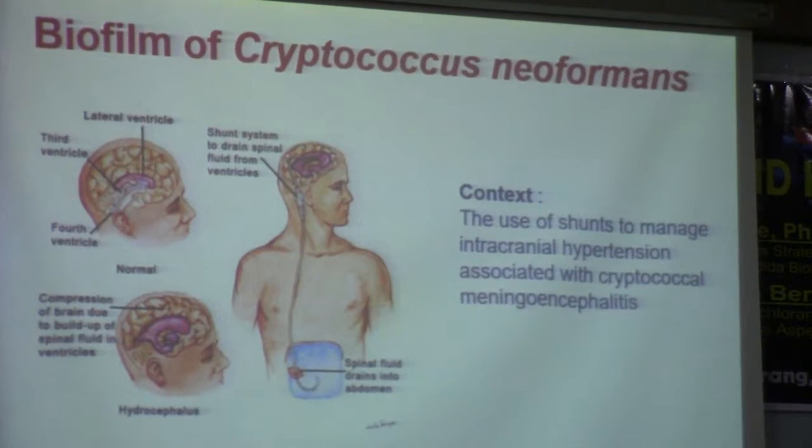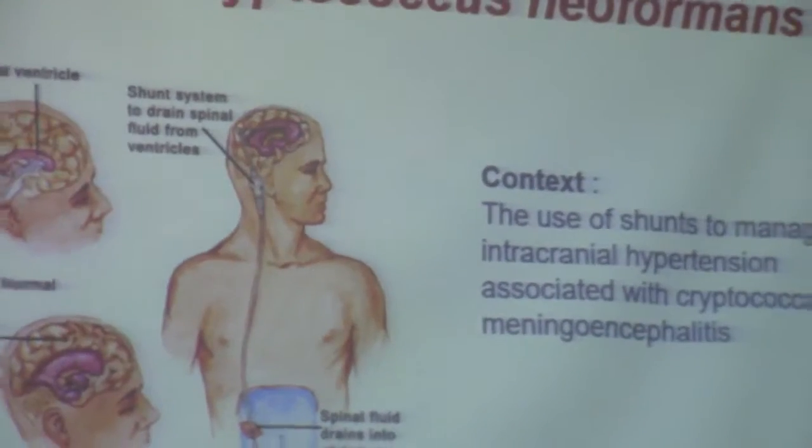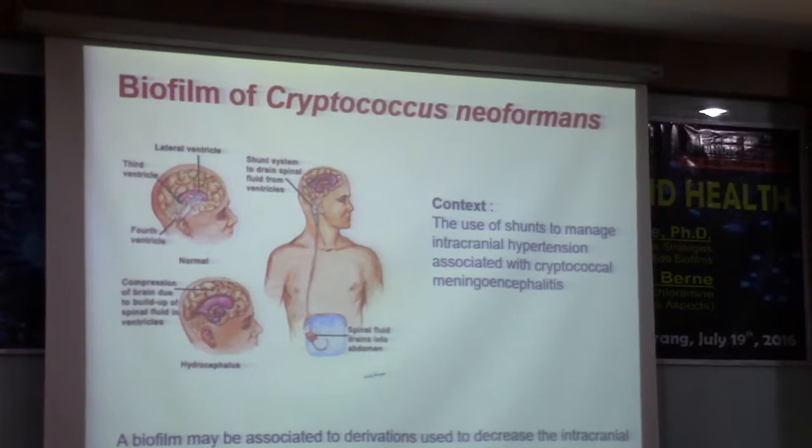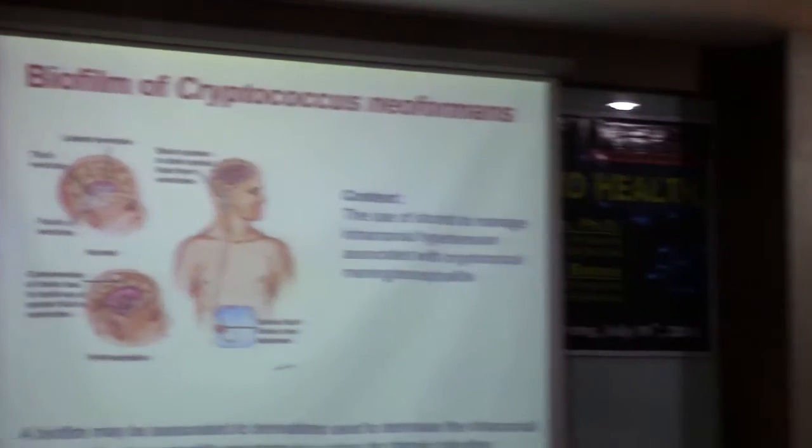In the case of patients suffering from cryptococcal meningoencephalitis, medical doctors use shunts to manage intracranial hypertension, and these shunts can represent a substrate for the formation of a biofilm. So in this case, we can have a biofilm forming in these patients.